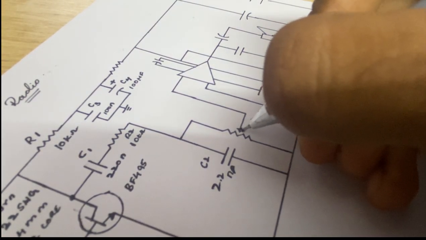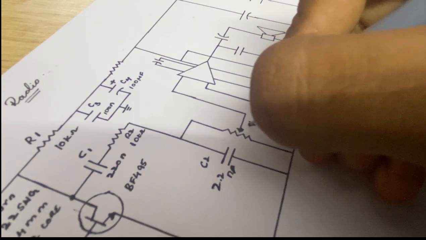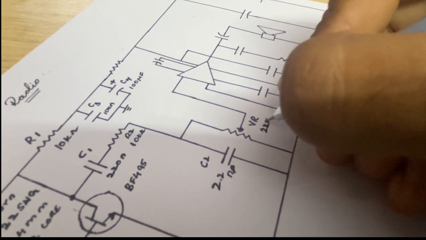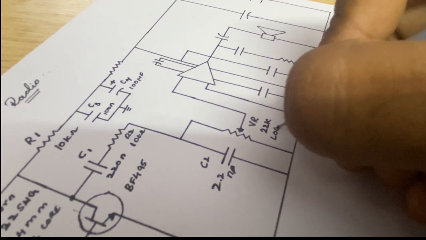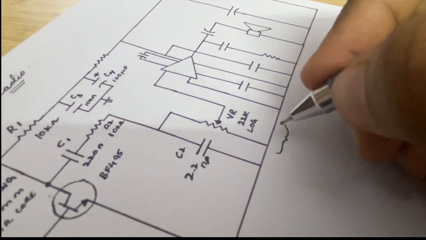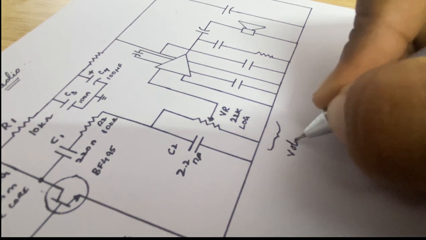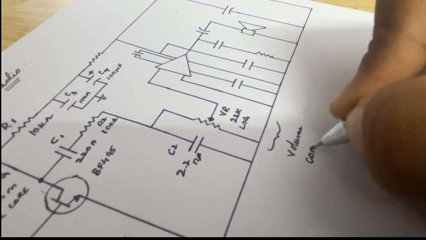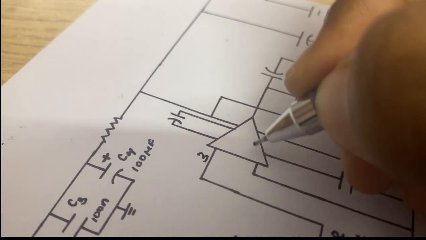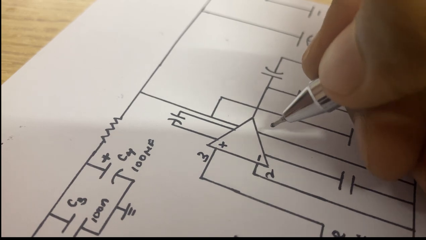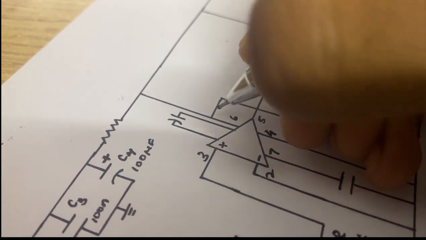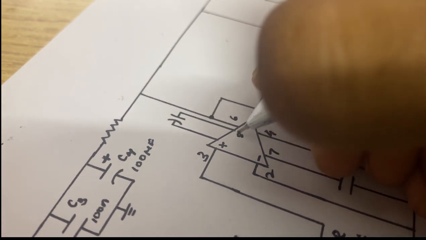So we have used a variable resistor or a logarithmic pot of 22 kilo ohms, which will be used as a volume control knob in the circuit. As given in the datasheet of LM386, we'll be carrying out all the necessary connections as designed in the circuit.